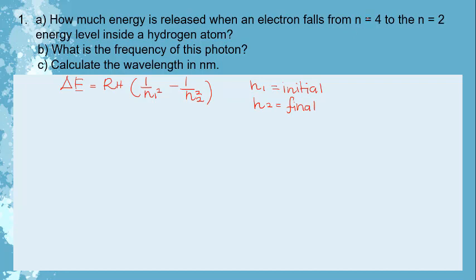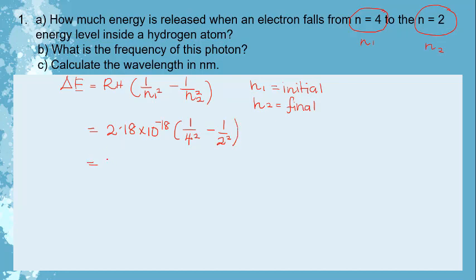For this case, n1 equal to 4 and n2 equal to 2. Now we substitute the value of the Rydberg constant for energy, 2.18 times 10 to the power of negative 18 joule, and the values of n in the equation.